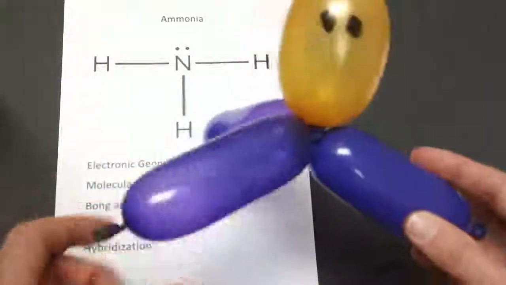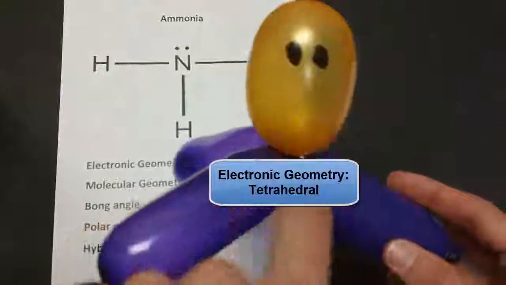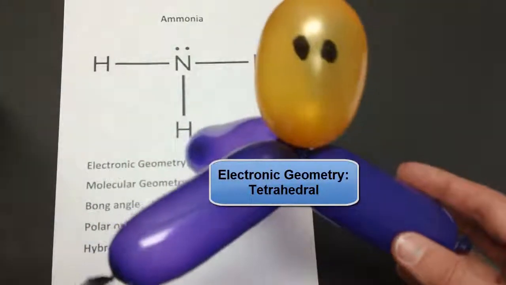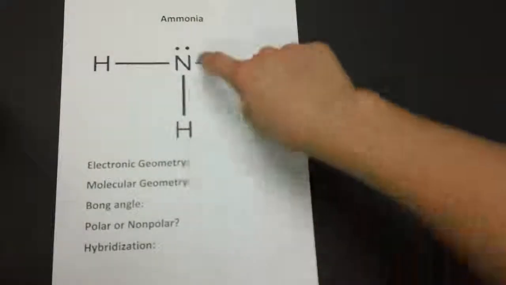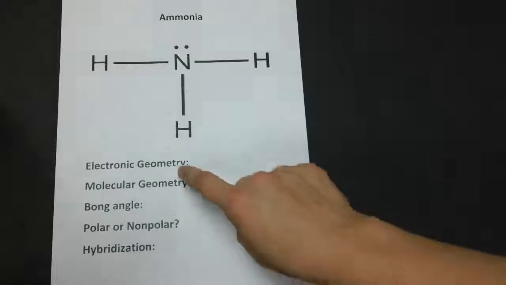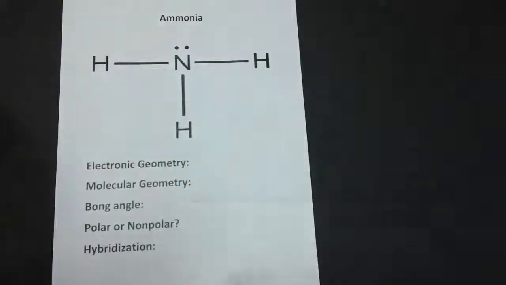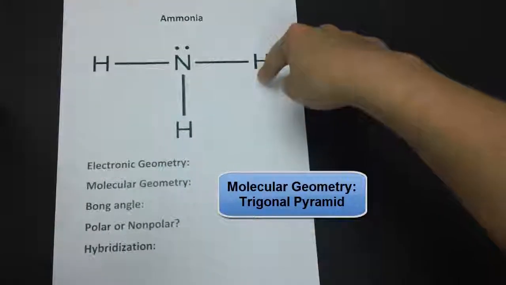So here we have 4 regions, 1, 2, 3, 4. This forms a tetrahedral electronic geometry. So here, because we have this lone pair, the molecular geometry is not the same as the electronic geometry. The molecular geometry here is trigonal pyramid.